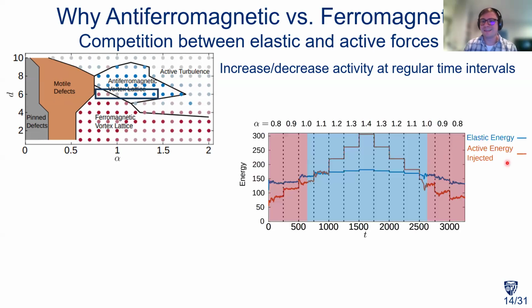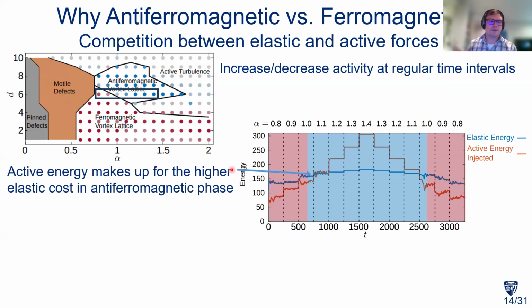The interesting thing was when we computed the elastic energy of the configuration at each time step and compared it to the active energy that's injected into the system at each time step, we found that right around the transition, the active energy actually catches up to the elastic energy. And so it makes up for the higher elastic cost of the antiferromagnetic phase.